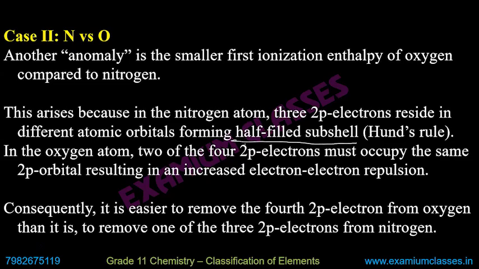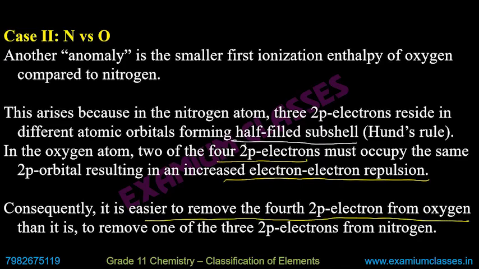So this is a stable state configuration. And second is that 4 2p electrons in oxygen. So 2 electrons are in one orbital, so increased inter-electronic repulsion. Electron-electron repulsion means inter-electronic repulsion. So consequently, it is easier to remove the fourth 2p electron from oxygen than it is to remove one of the 3 2p electrons from nitrogen.